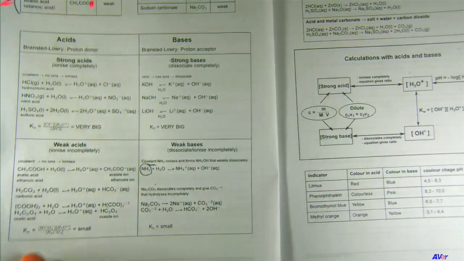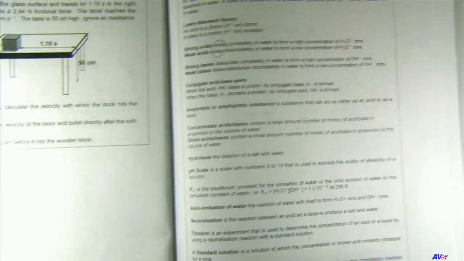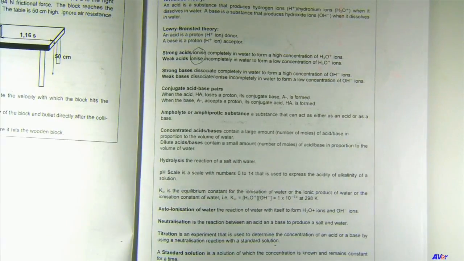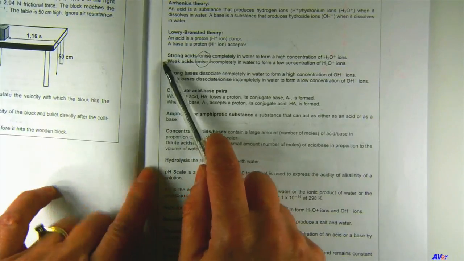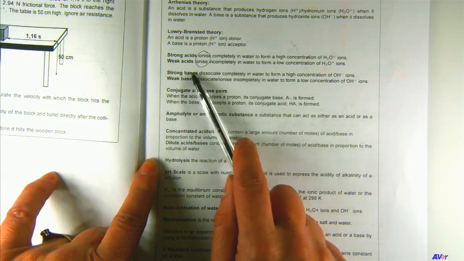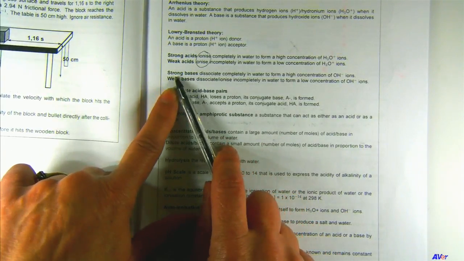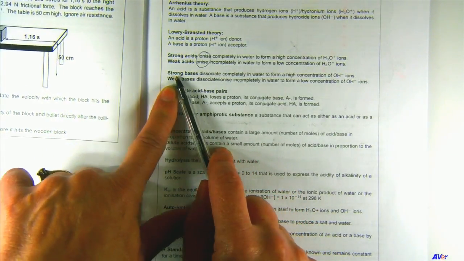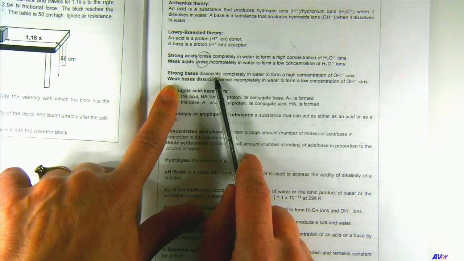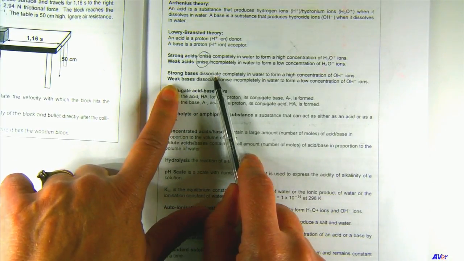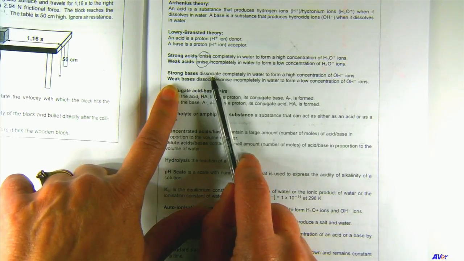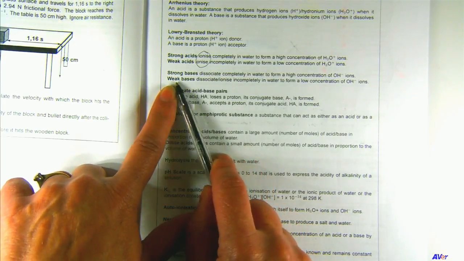So if you turn back to your definitions on the previous page, when we looked at acids, it was ionize and ionize because they were covalent, right? When you got to bases, what does it say about a strong base? Strong base, dissociate. That's what we expected, eh? Sodium hydroxide, lithium hydroxide, potassium hydroxide. They dissociate. But what does it say about weak bases?